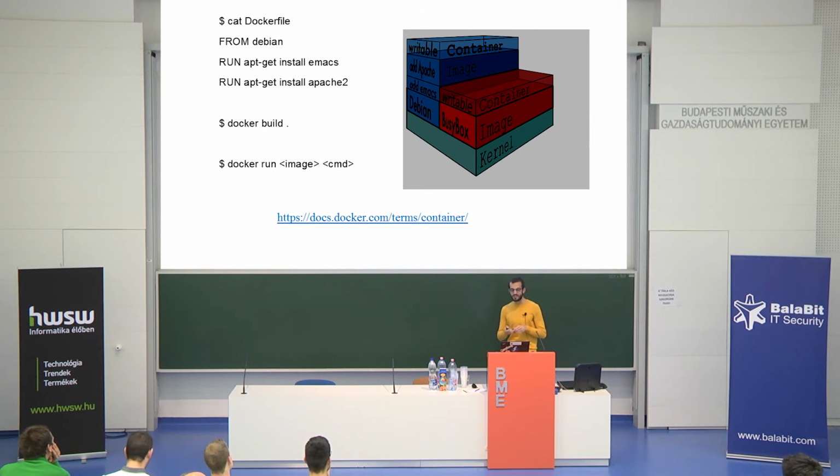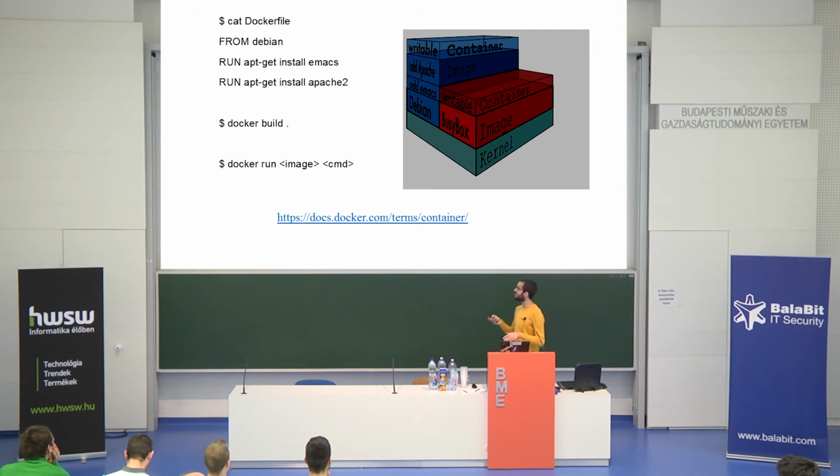So now we basically have two layers, the Debian base layer and the Emacs layer, which only contains files and directories that changed or were added or maybe removed. And we do the same with Apache. So we get a third layer.